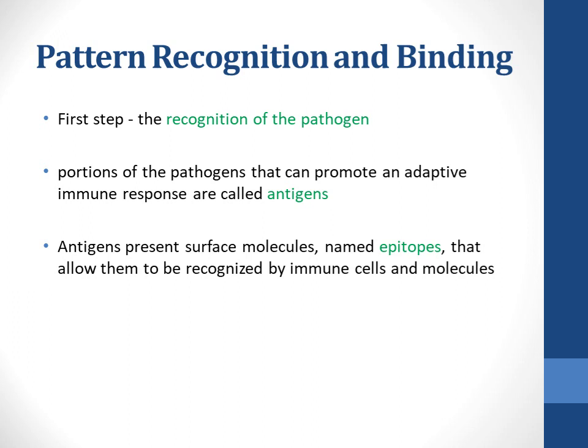So here, when some bacteria, some pathogen, enters a body, some portion of those pathogens is recognized by the immune system. That portion of the pathogen is called an antigen. Okay, so this antigen, or a type of pathogen, or a set of molecules of the pathogen, is recognized by the immune system.